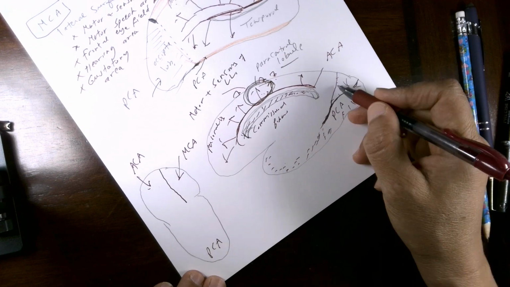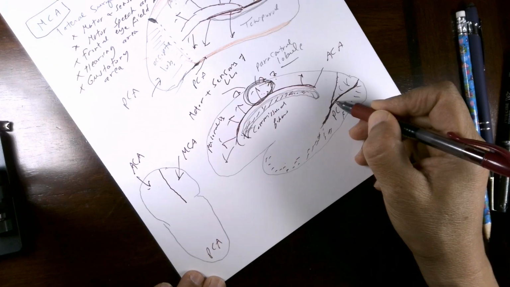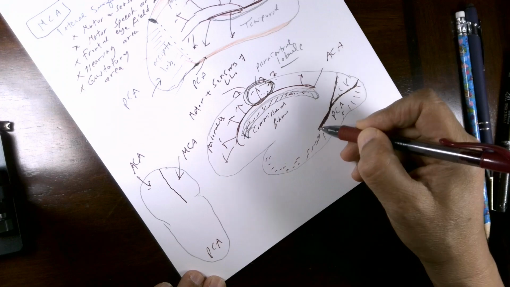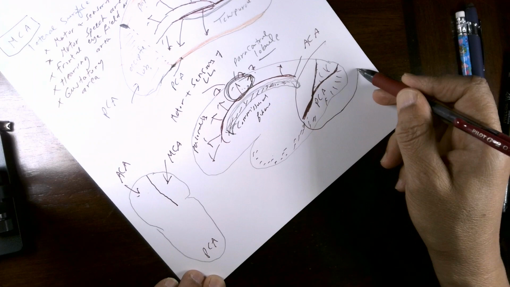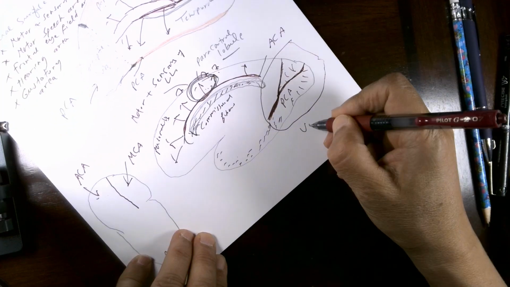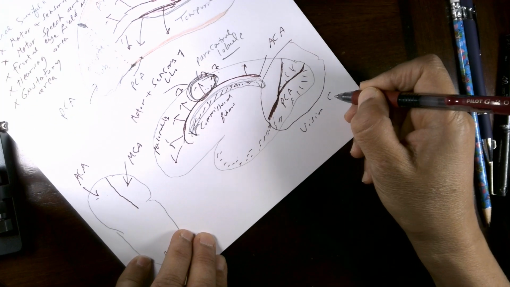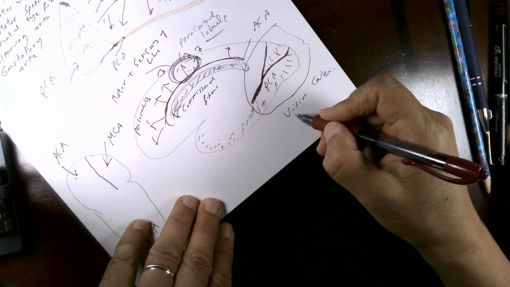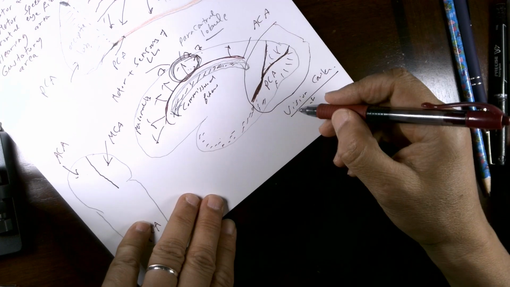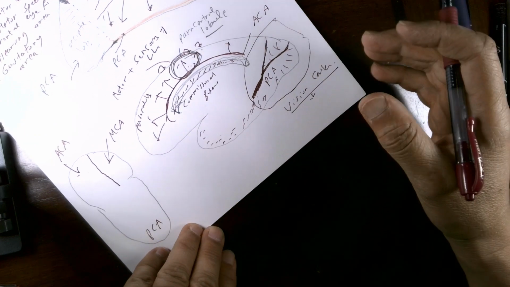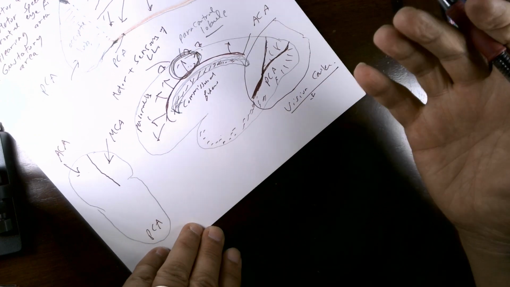Coming back to the posterior cerebral artery, it supplies the occipital lobe, and the occipital lobe is related to what? The vision center. When I say vision center, I include the primary and association areas, the sensation itself and the interpretation of the sensation.